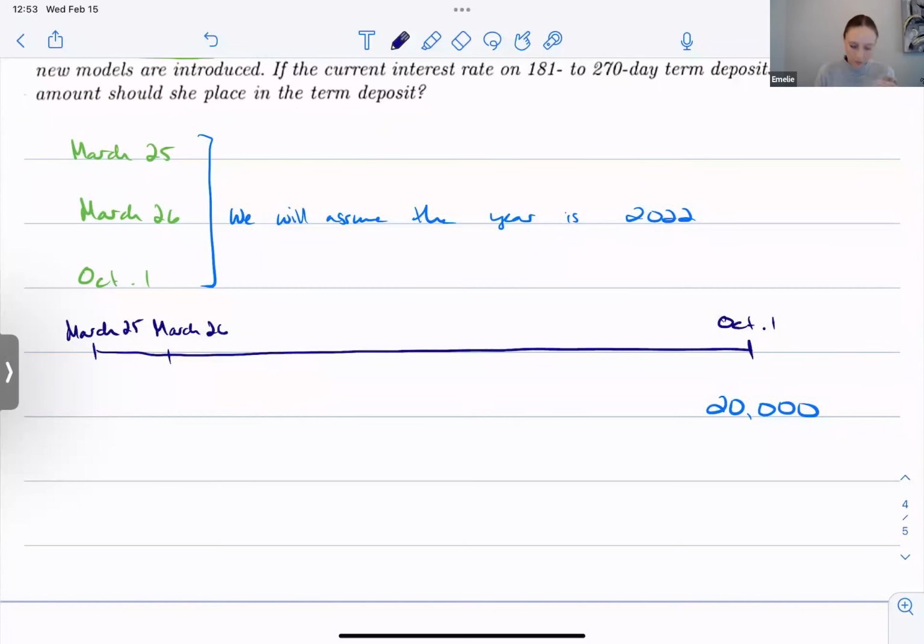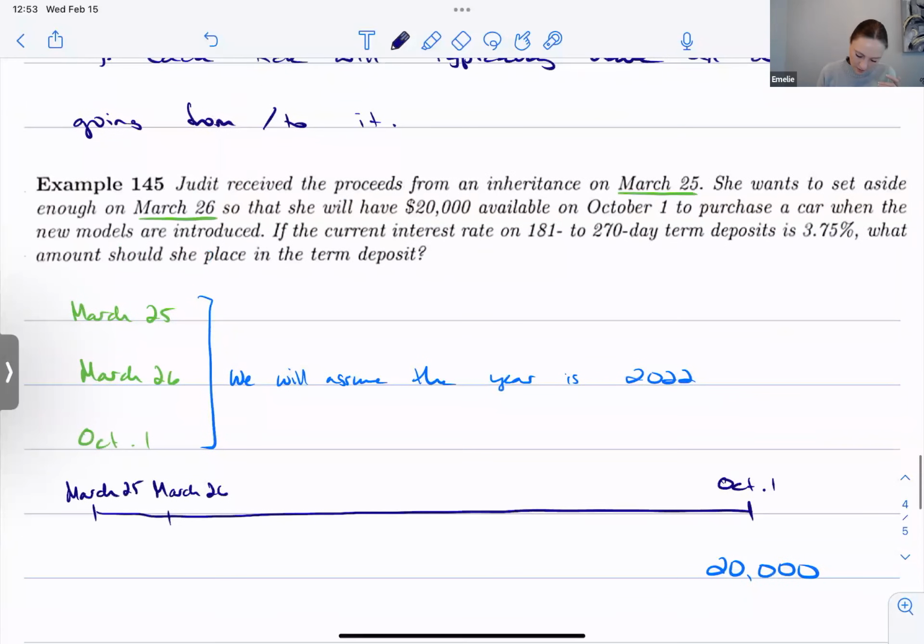What we want to know is she wants to set aside enough on March 26th. So that amount has to grow to $20,000 from March 26th. In terms of moving our money, like I mentioned, the arrow is going to take that 20,000 and move it to March 26th.